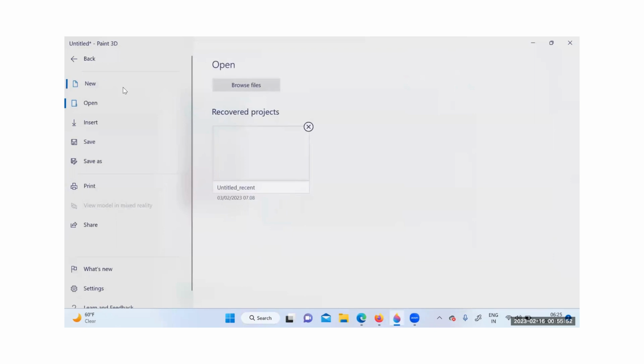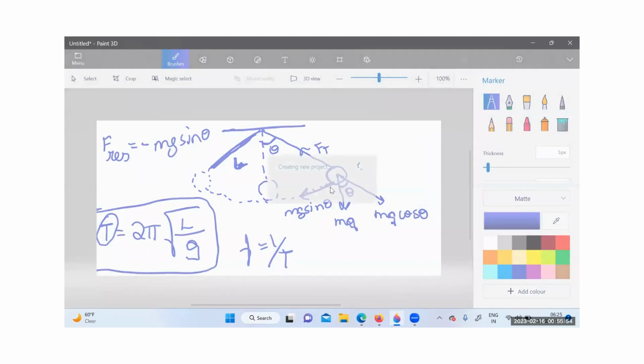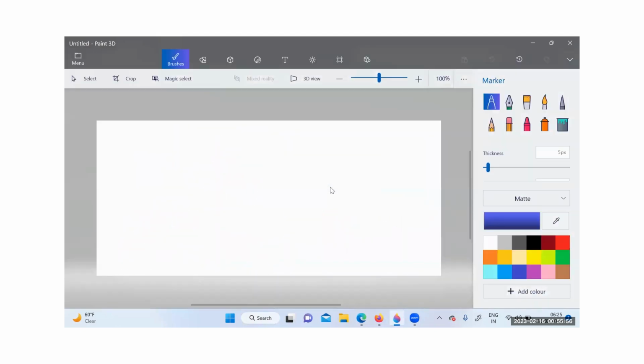So next we will move on to the damped harmonic motion. There are two types of harmonic motion: one is simple harmonic motion and the second is damped harmonic motion. First, let us learn the difference between these two.